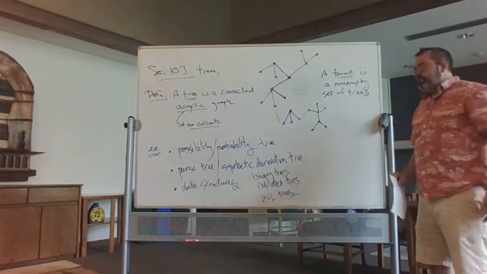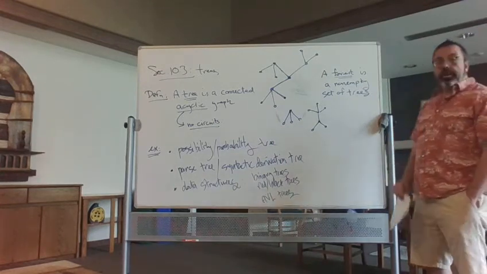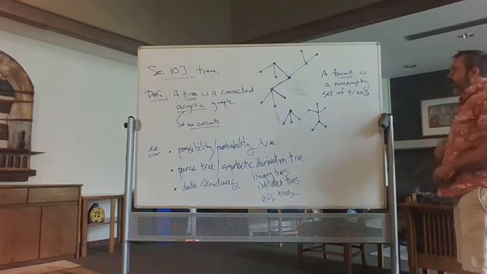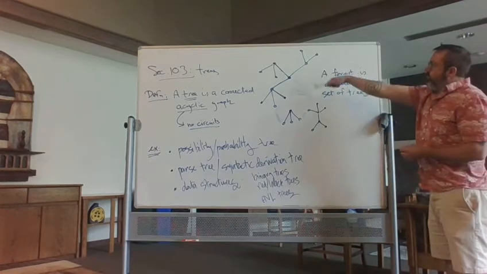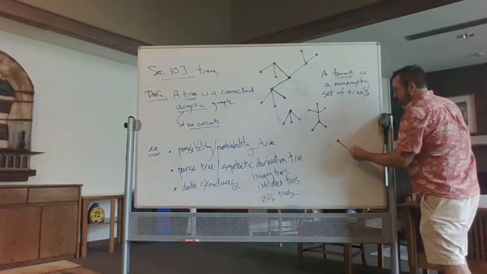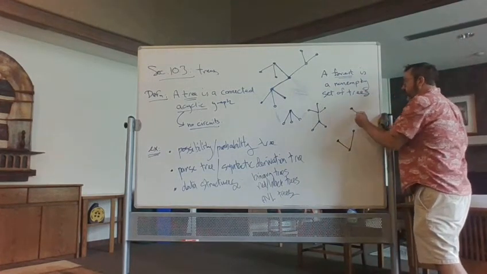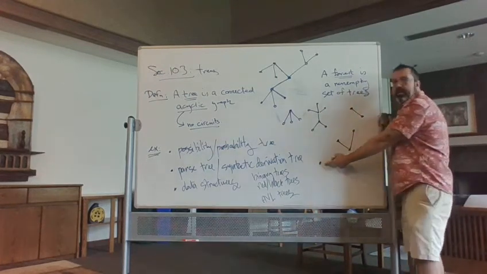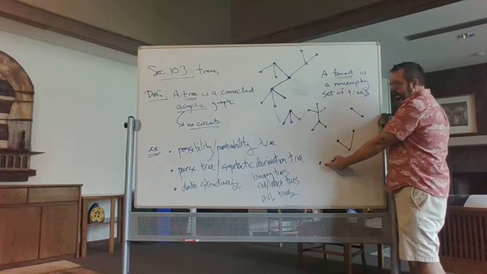Let's look at a couple of the characteristics of these trees. I want to take as our starting point some observations from these trees that we have here, maybe even some simpler trees. Even that one right there, that's a tree. Just a single vertex is a tree, right? It's connected, it's acyclic.